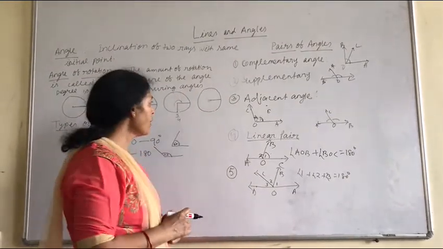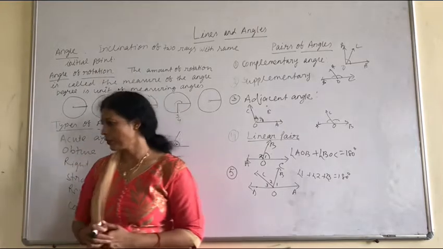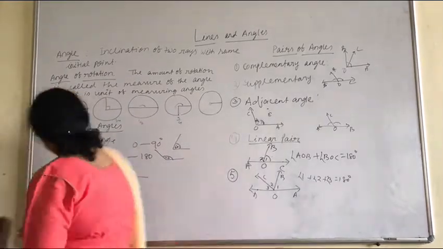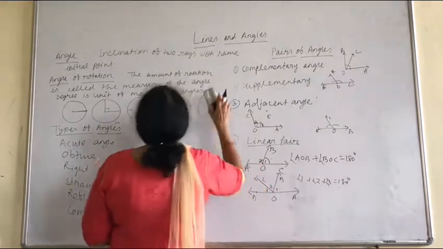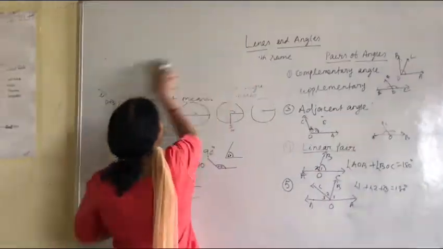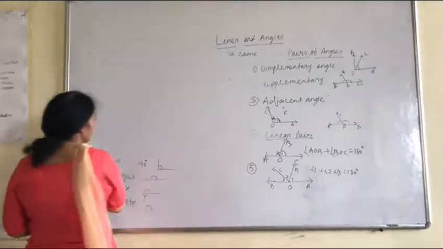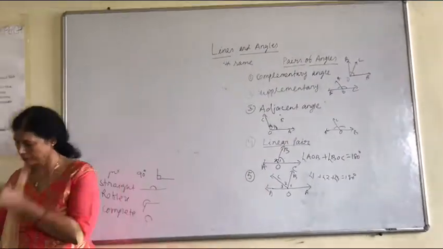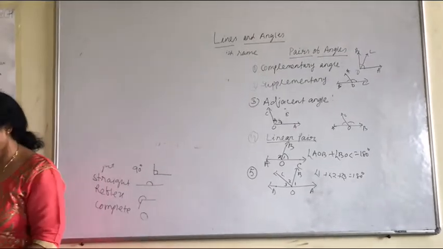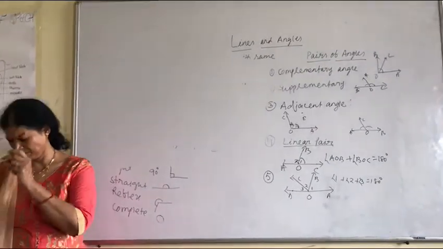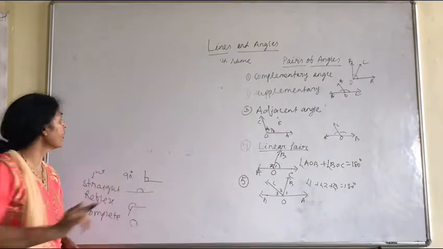Next is vertically opposite angles. What is a vertically opposite angle?